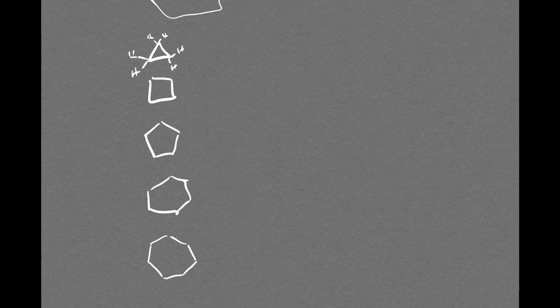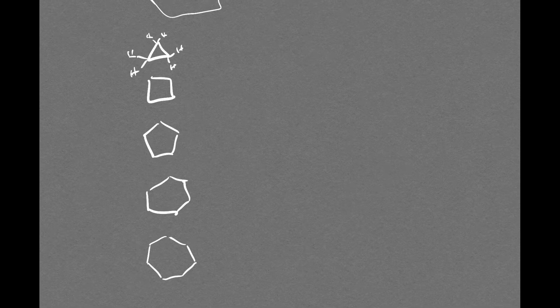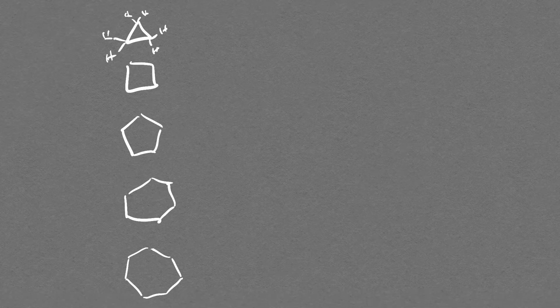What we didn't really get into is that when we look at these, we can't treat them equally, right? Because we've said the bond angle in an sp3 hybridized configuration is 109.5 degrees.